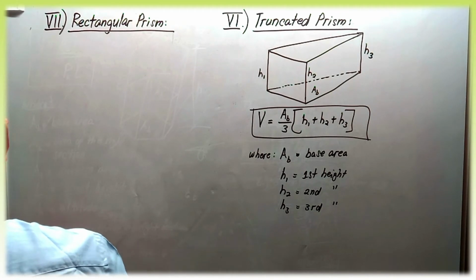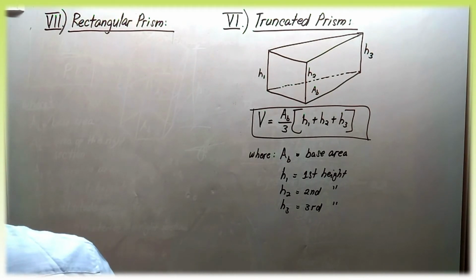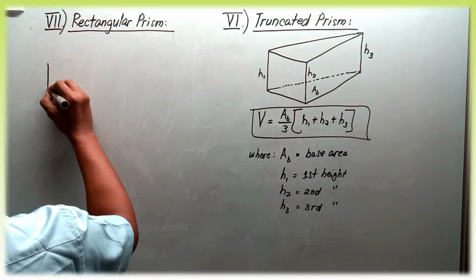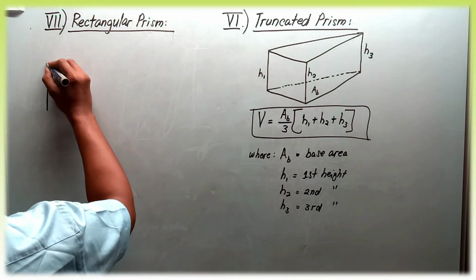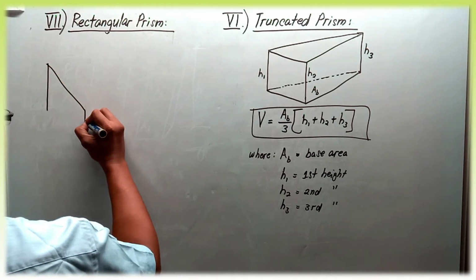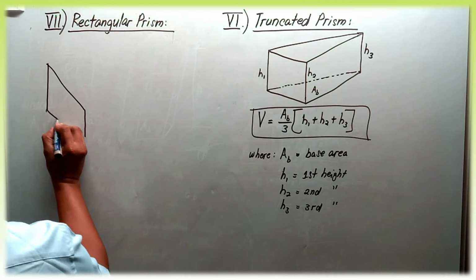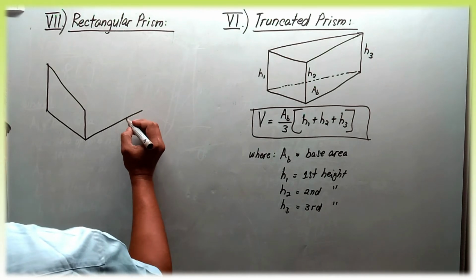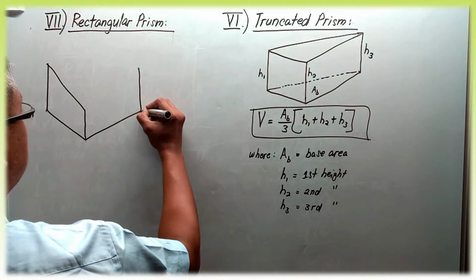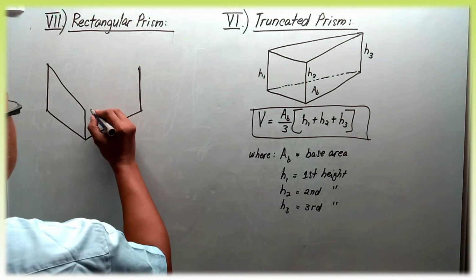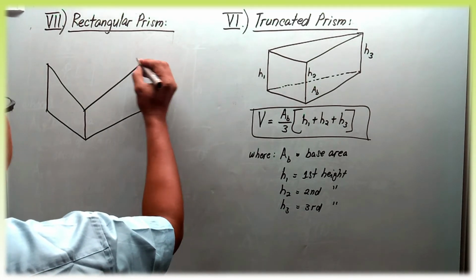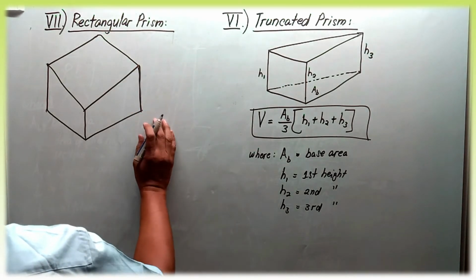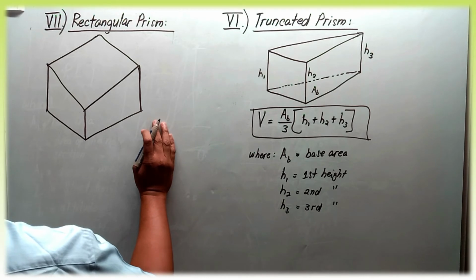So the diagram will be like this. This is the typical diagram for a rectangular prism.